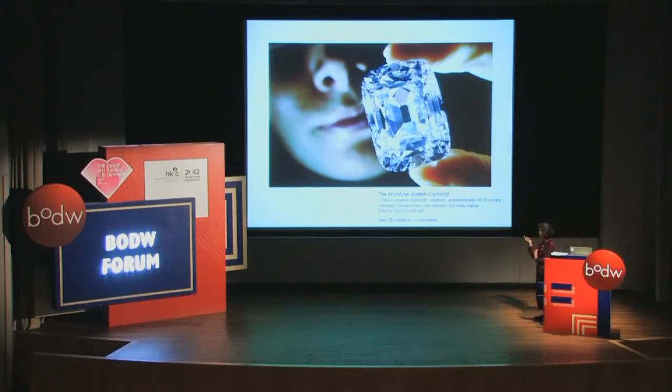So it sold for US dollar 21.5 million. So type 2A category means absolutely colorless. So colorless is very difficult to achieve. Colorless is a positive color.